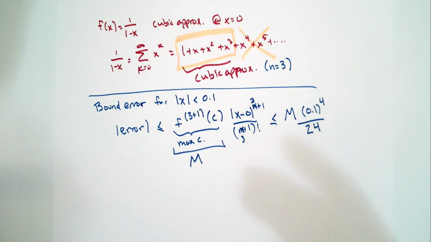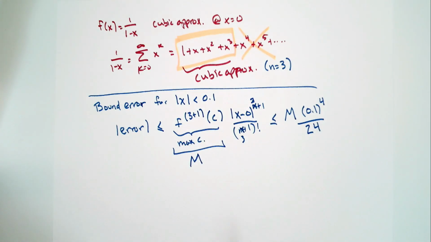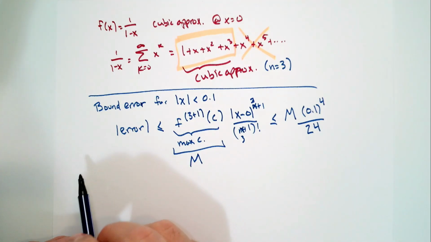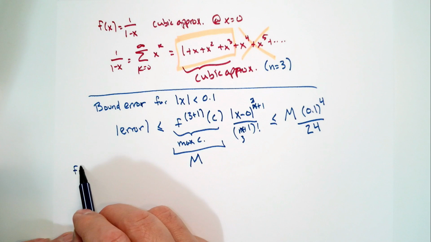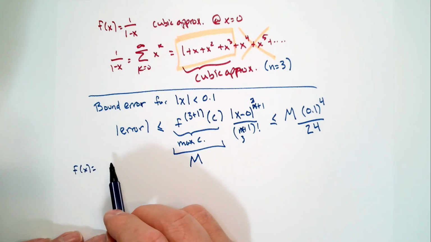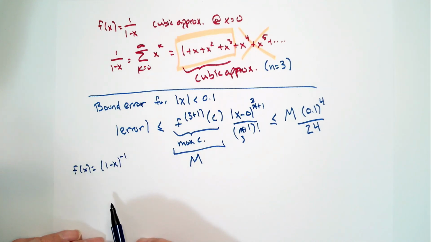The way you find it is the rule: look at your next derivative. And now we're like, oh, wait, we didn't take any derivatives. Well, now we do. 1 over 1 minus x is actually not so bad to differentiate. If I look at my function f of x, I'm going to think of this as 1 minus x to the minus 1 power.